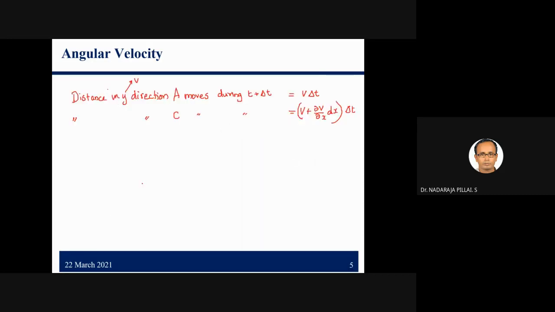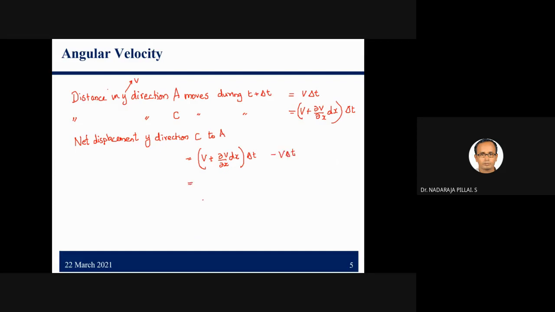Now we need to calculate the net displacement in y direction. For C relative to A, the net displacement is v plus dou v by dou x into dx into del t, minus v into del t.